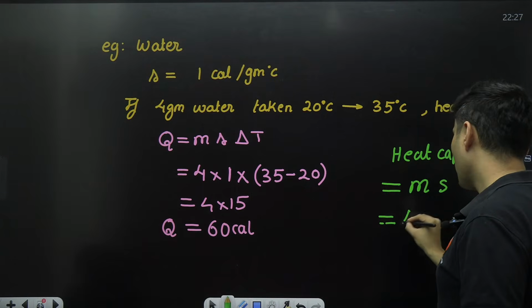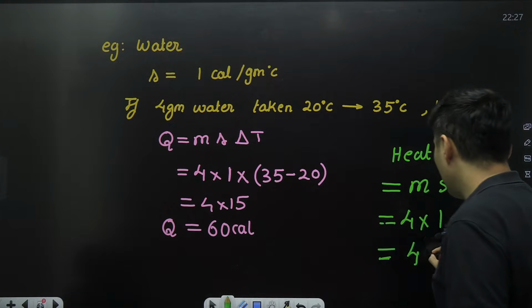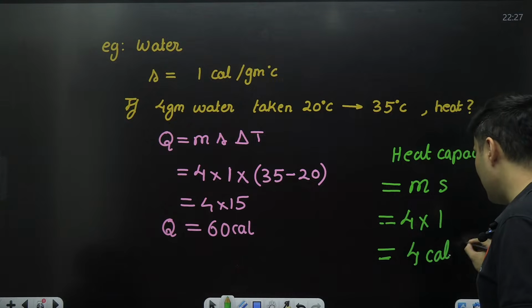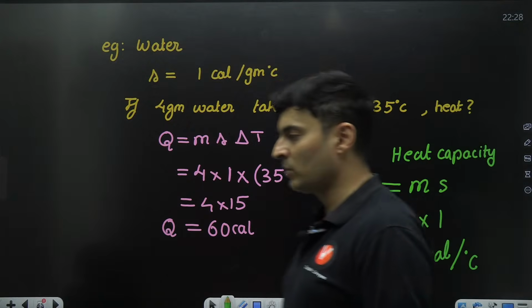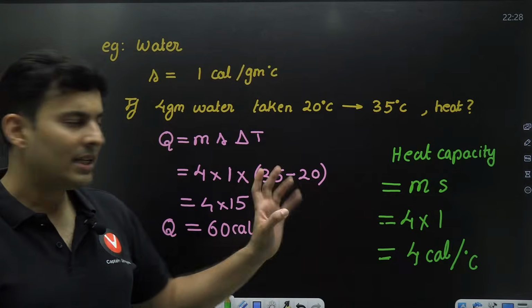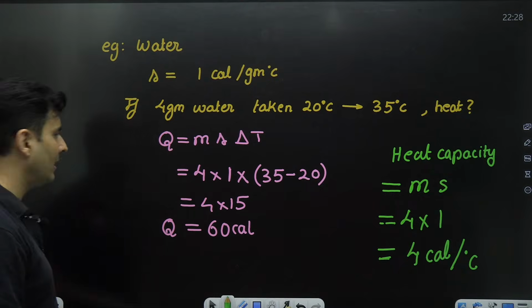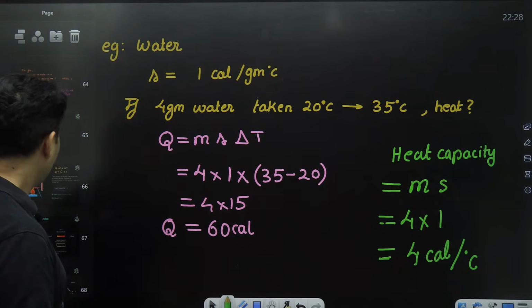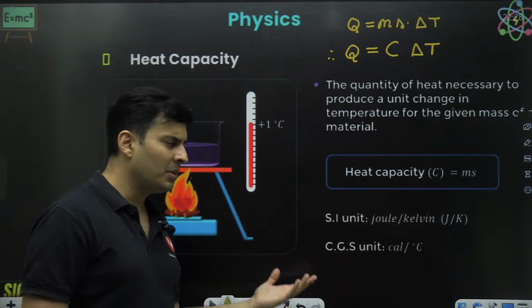Mass is 4. What is specific heat capacity? 1. So the answer will be just 4. But please keep in mind, it is just calories per degree centigrade. There is no per mass or per mole. It is just heat per degree centigrade. That is the unit of heat capacity, mass into specific heat. Very few questions will be there on heat capacity directly, but it's a term which you should be familiar with.